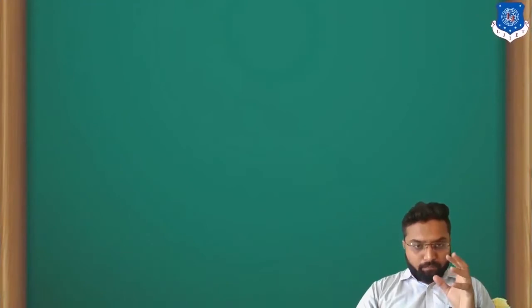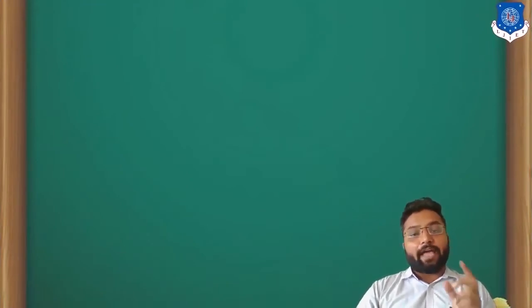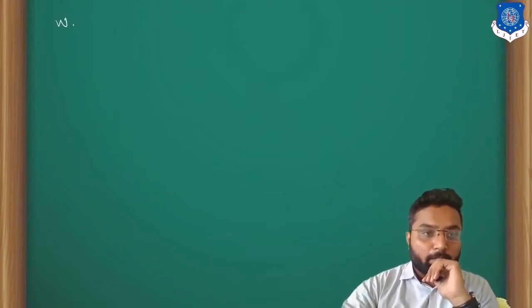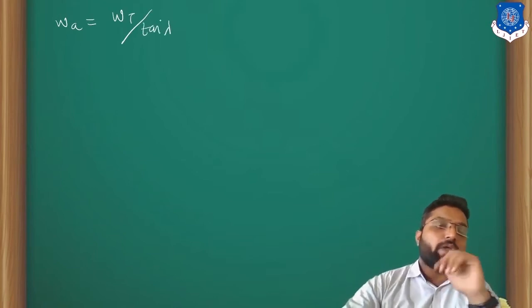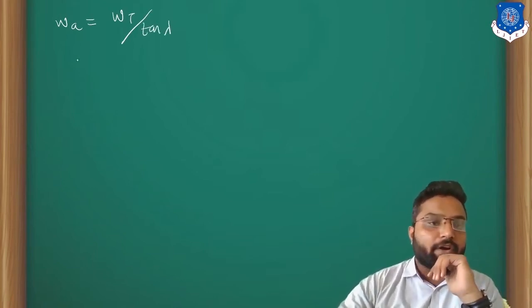The next point is to find the axial force, which we are asked to find, which is WA. Axial force is WT divided by tan lambda, as we derived in our previous video. We have found WT, but we don't have lambda.